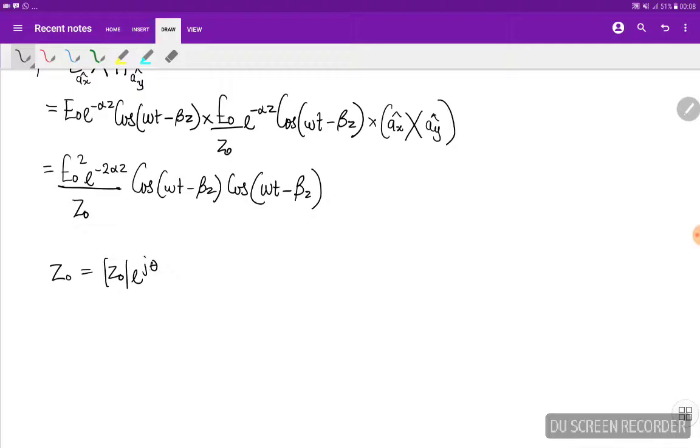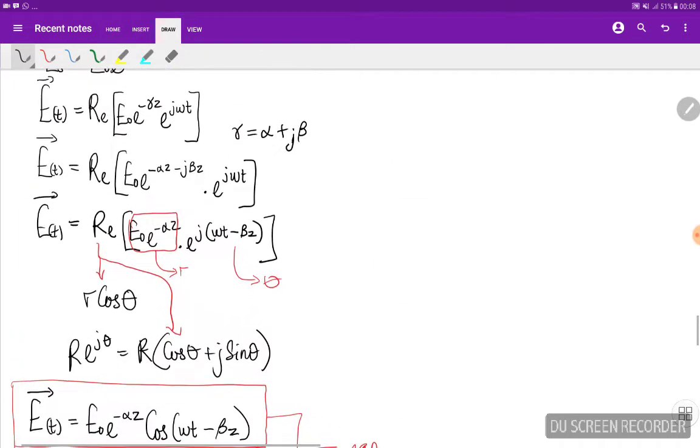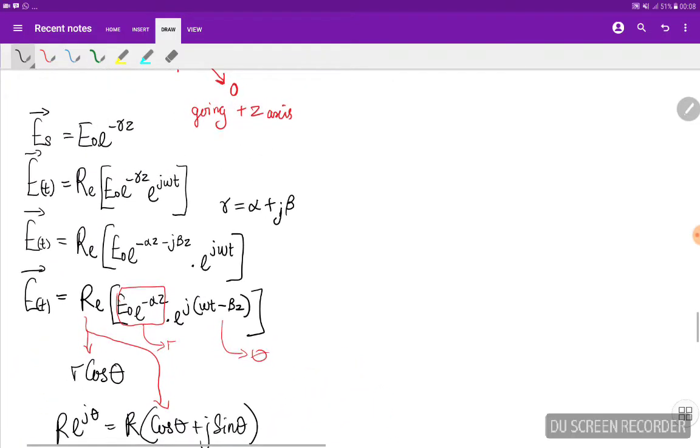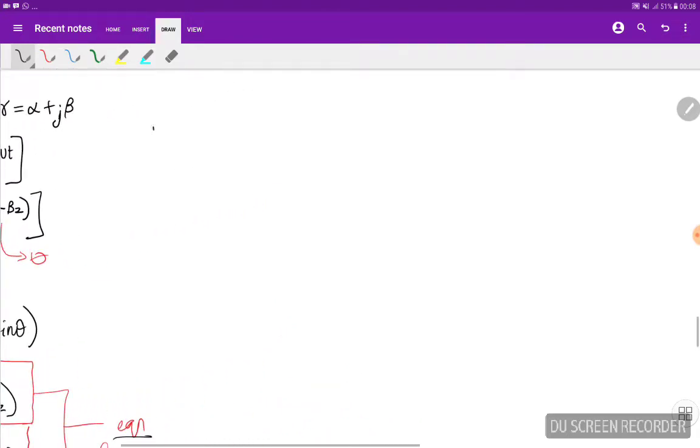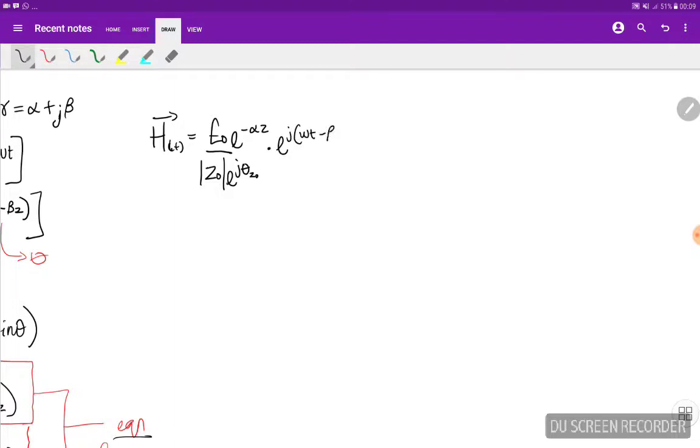Remember the formula for E(t). For H, you know that H in t is going to be E naught e raised to the power minus alpha z over z naught, e raised to the power j theta. Now this theta is our characteristic impedance angle, and then this is going to be times e raised to the power j(wt minus bz).